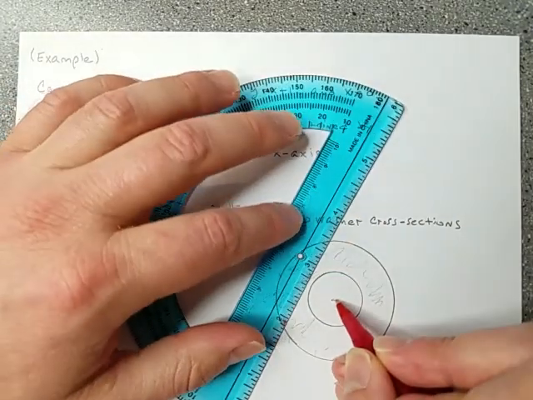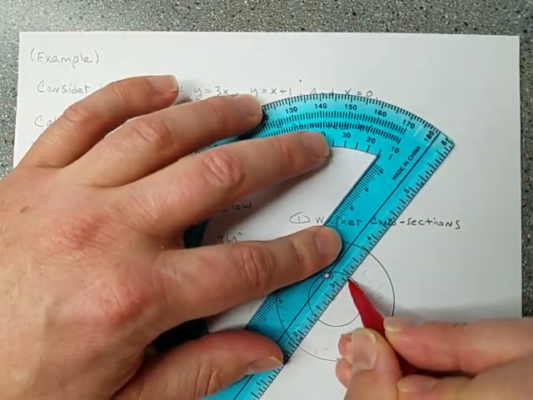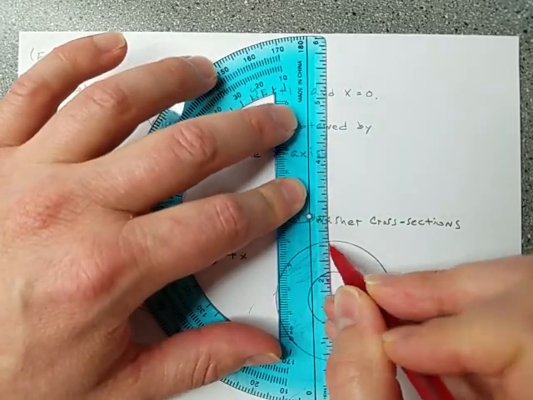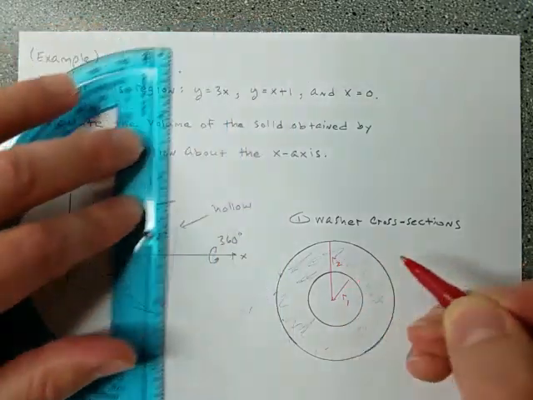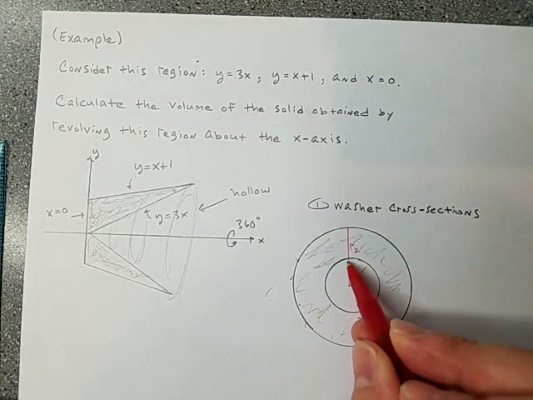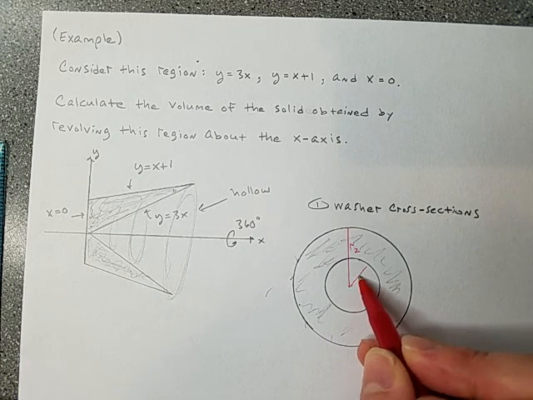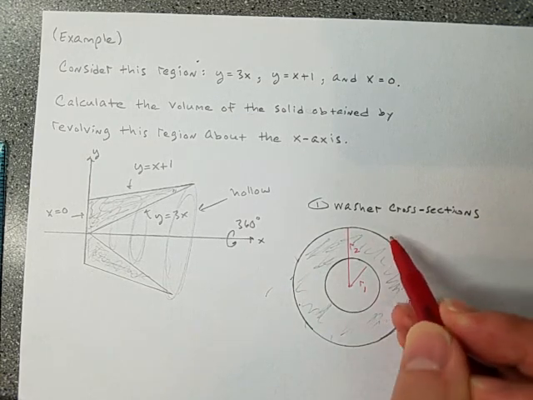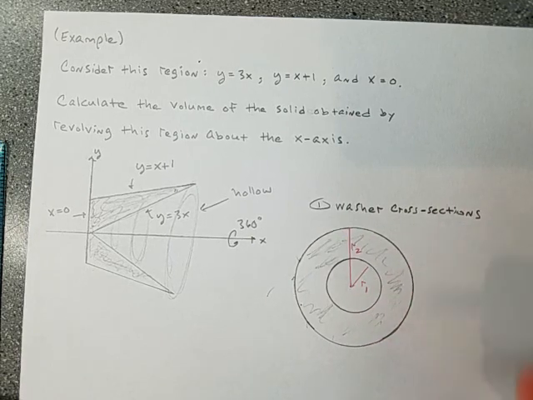And a washer is like two circles, or it has an inner radius, which I'll call R1, and an outer radius, which I'll call R2. So that little circle there, that's the hollow portion, is going to be a circle of radius R1. And then this larger circle out there is going to be a circle of radius R2.